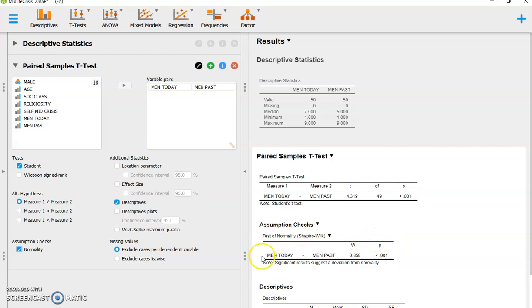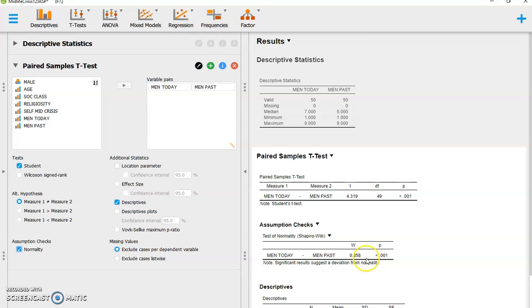This says that our data set differs significantly from what we would expect a normally distributed set of data to look like. That means we're really on shaky ground using means and using parametric statistics like the t-test.